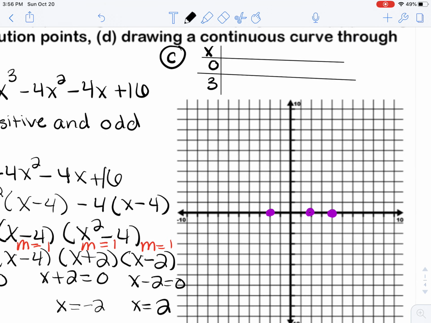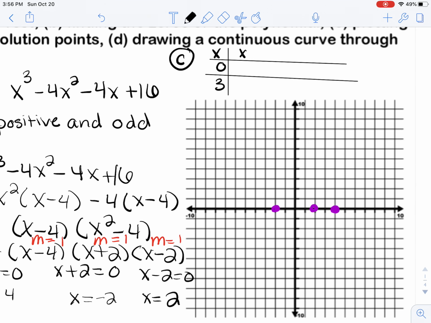All right, so let's plug this into the function. 0 is an easy one. So we would say 0 cubed minus 4 times 0 squared minus 4 times 0 plus 16. Well, we know that's going to equal 16.